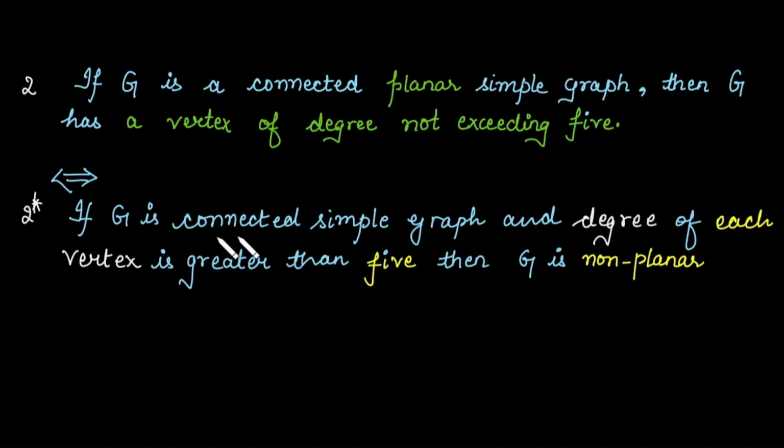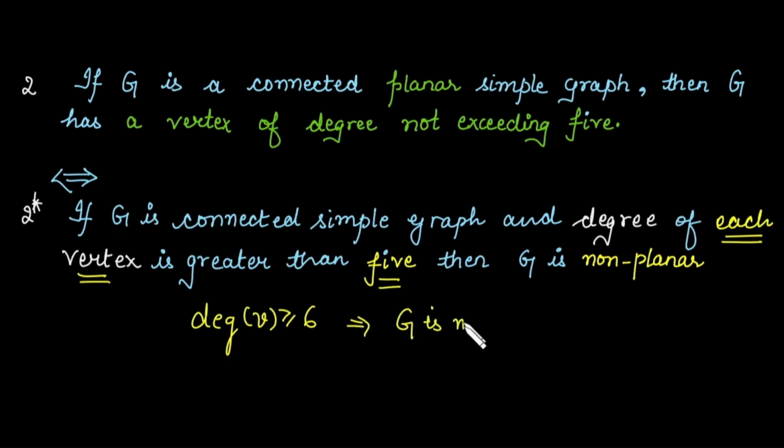It says that if G is a connected, simple graph and the degree of each vertex is greater than 5, meaning greater than or equal to 6, then definitely the graph is non-planar. But make sure it is the degree of each vertex, that's very important. So if the degree of each vertex is greater than or equal to 6, then clearly the graph is non-planar.